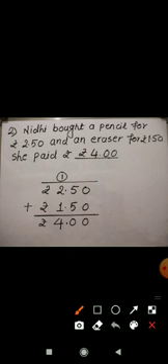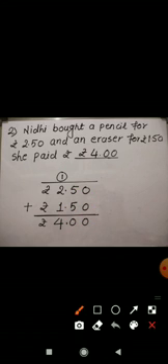Now addition is as per our regular method. You can see 0 plus 0, 0, 5 plus 5, 10. From 10, here I have written 0 and carry over 1 to the next place. Then here you can see the decimal point in the amount. So just below this decimal point, we have to put the decimal point in the answer as well.